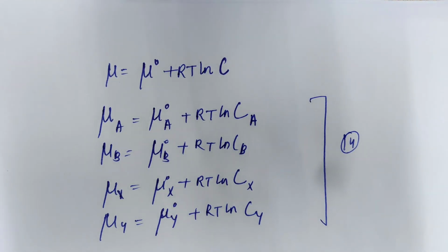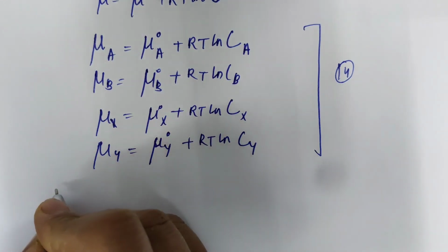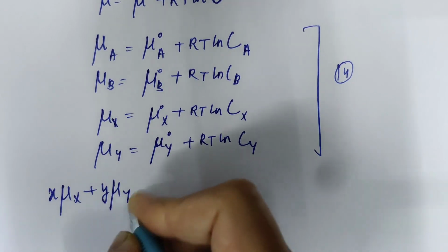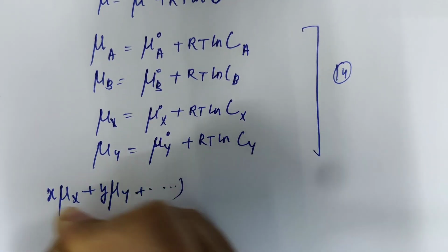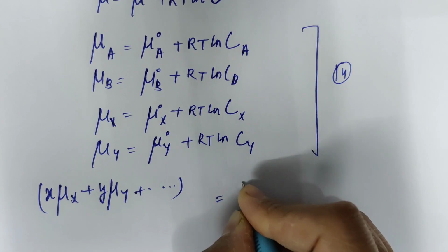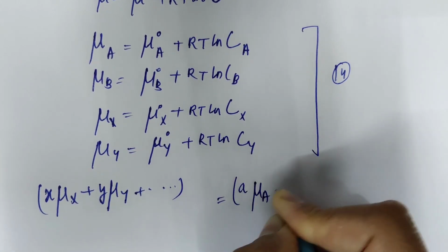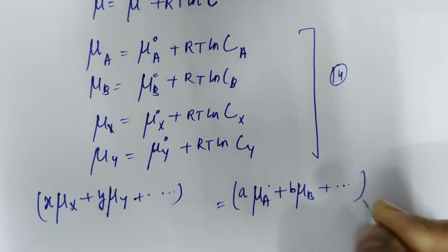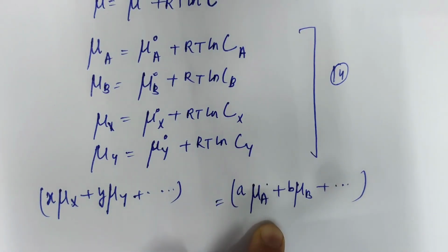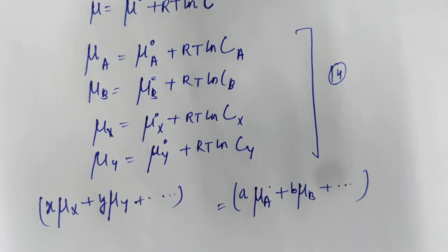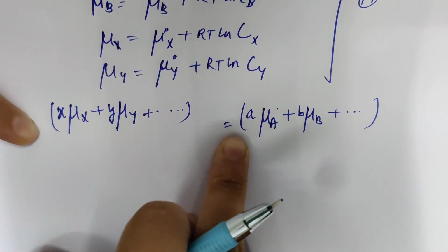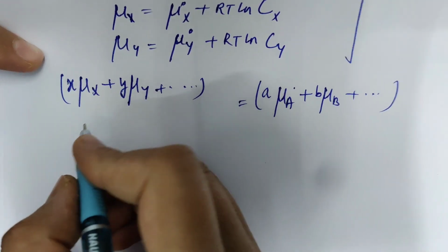Alright, if we put this in our equation number 4, which was x of mu of x plus y of mu of y plus so on is equal to a of mu of a plus b of mu of b plus so on, at equilibrium condition. Putting equation 14 in equation 4, what will we get?